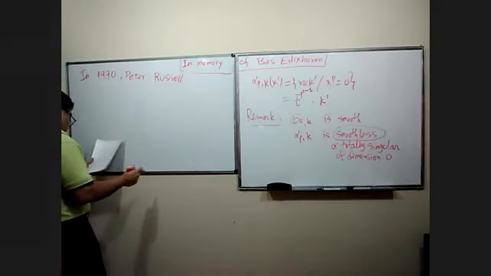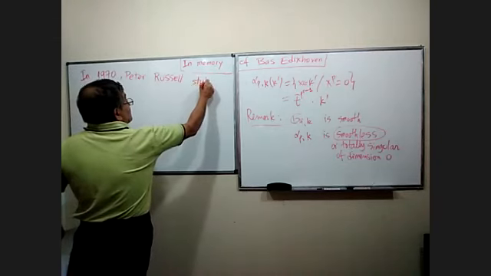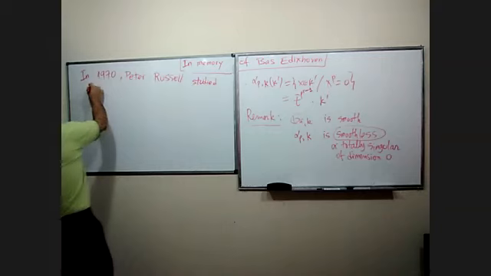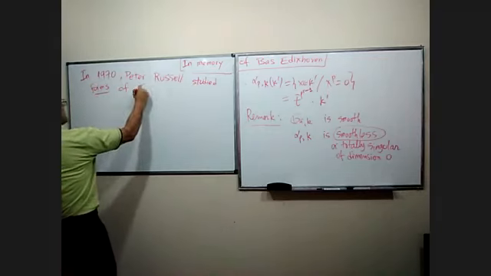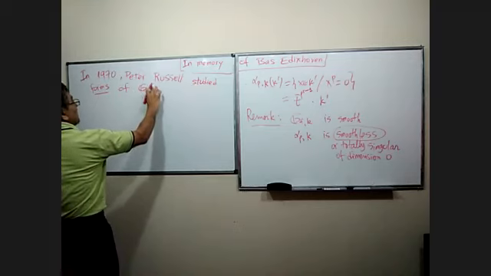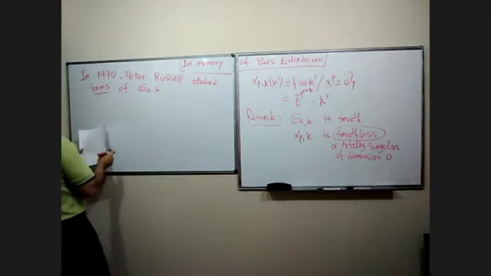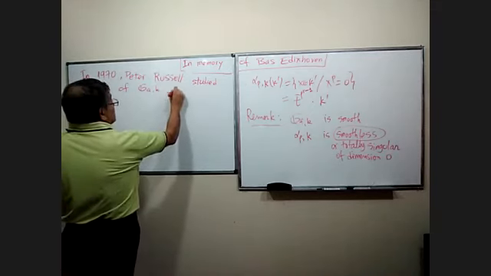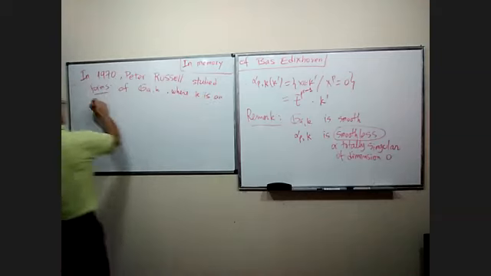So Peter Russell studied forms of the additive group, which I'm going to explain in a minute. Forms of G_a over K, where K is an imperfect field.